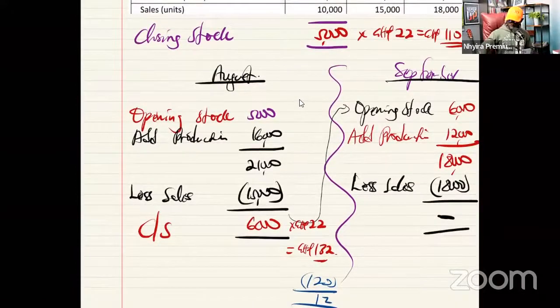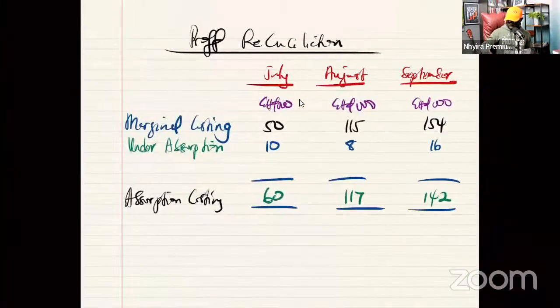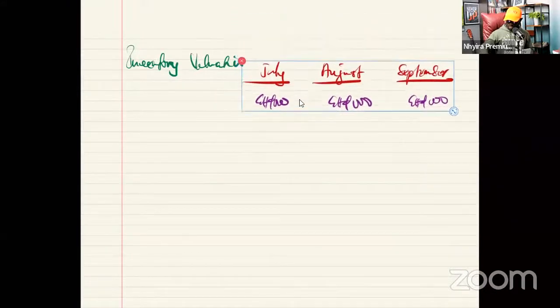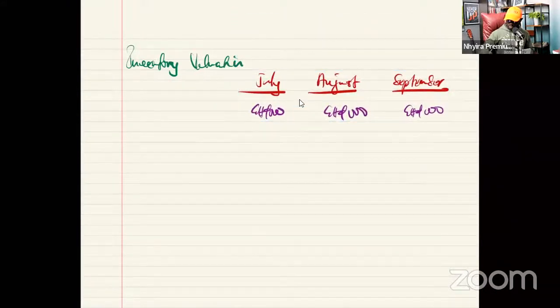Okay, let me do the workings here. Inventory valuation. Let me pick this up and bring it up. Let's see. So under marginal costing, how will the closing stock be valued?